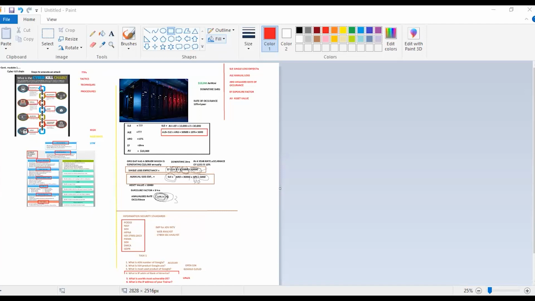Sir, this SLE, ALE, it's a part of SOC maintenance, no, sir? Single Loss Expectancy, Annual Loss Expectancy. It is part of threat intelligence, cyber forensics, and incident response. It mainly comes under managerial stuff.